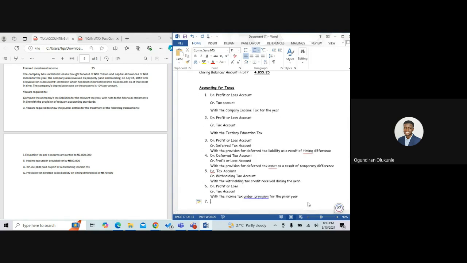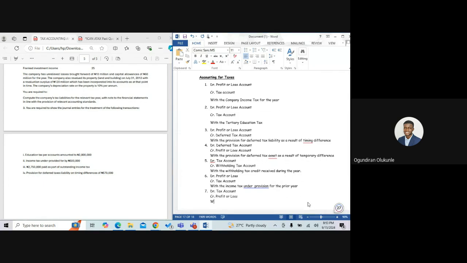Then number 7, you debit tax account and you credit profit or loss account with the income tax over provision for the year.